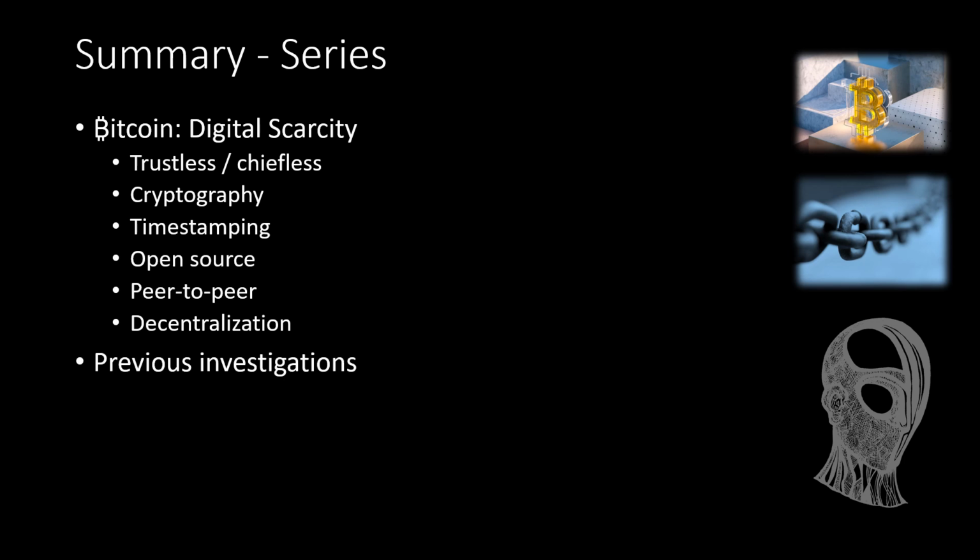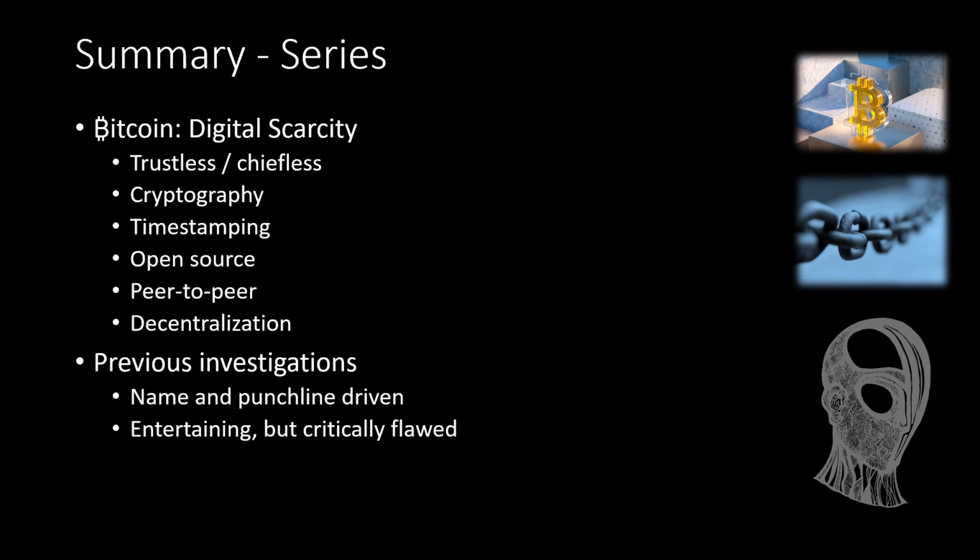I find, in my honest opinion, that previous investigations were mostly name and punchline driven. They're very entertaining, but I find them critically flawed. And as a matter of fact, given the constellation with Satoshi Nakamoto only having left digital evidence and being very good at concealing his identity, finding the truth is necessarily very complex.